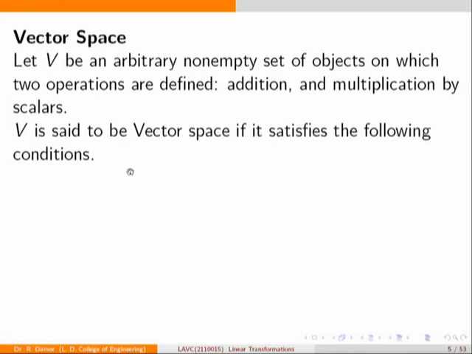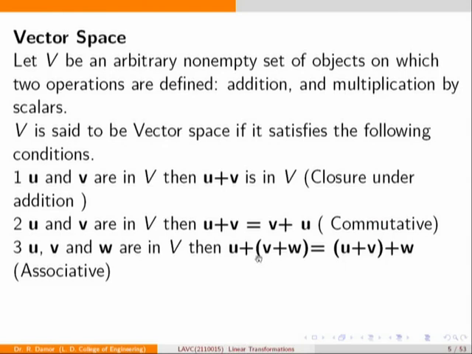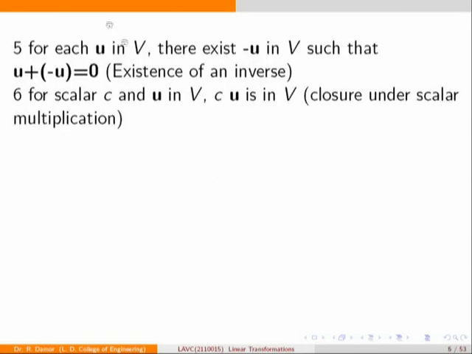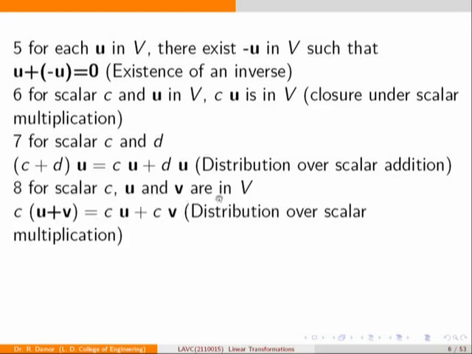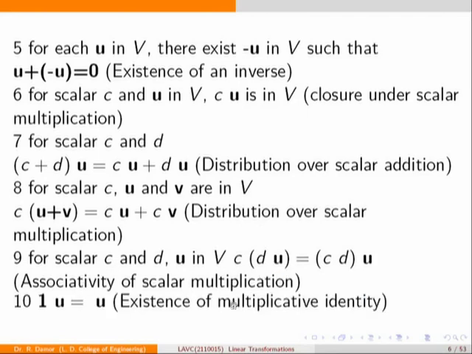So just recalling these 10 conditions: closure under addition, the commutative law, the associative law of addition, existence of identity, existence of inverse, and for scalars, the closure property under multiplication, distribution over scalar addition, c of u plus v equal to c of u plus c of v, distribution over scalar multiplication, associativity of scalar multiplication, and existence of multiplicative identity.